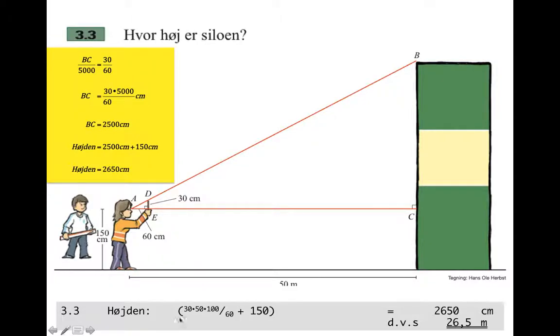So I've shown here how I got the 5,000: 30 times 50 times 100 divided by 60, plus the 150, makes 2,650 centimeters, and then perhaps it's sensible to convert that to meters, 26.5.